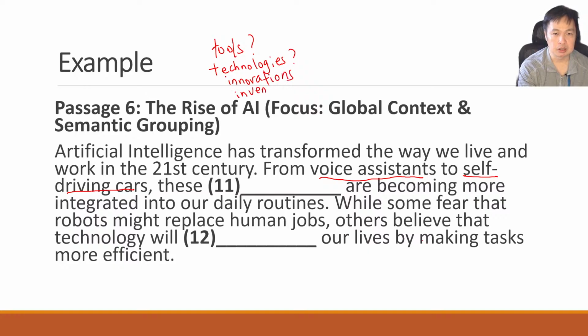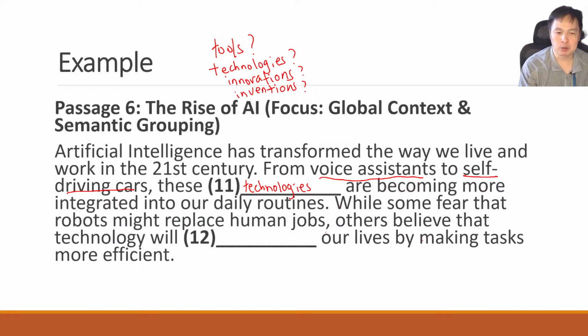If I think of something new, I think of inventions. So which do you think is the correct answer? If I am the most comfortable with the word technology, because I don't think they're new anymore, so just put down technologies, right?